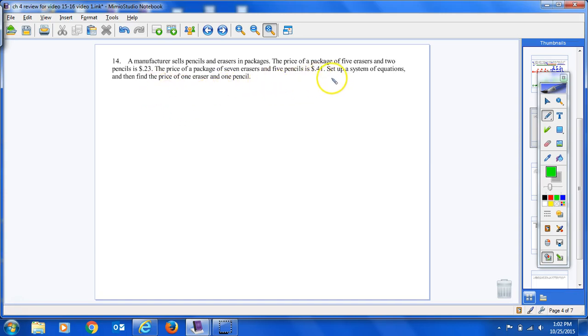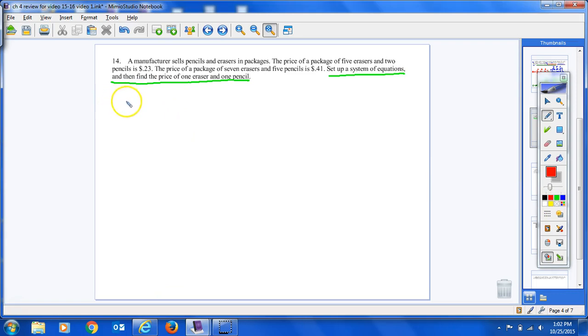Okay, so I'm told about a package, a couple of packages actually, that involves pencils and erasers. And it's my job to set up a system of equations and ultimately to find the price of one pencil and one eraser.